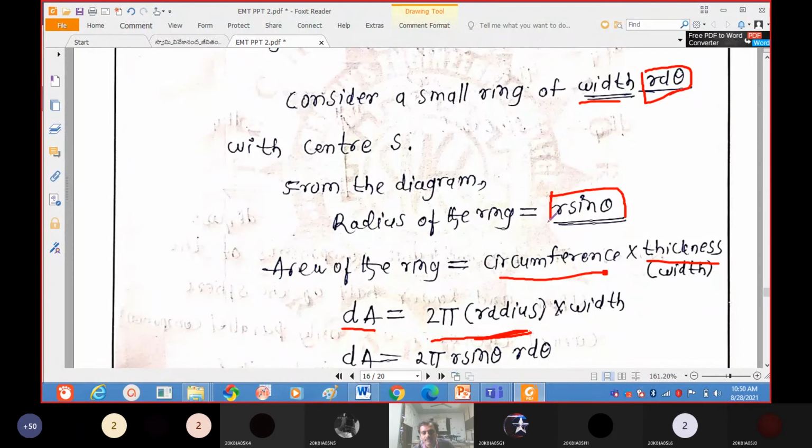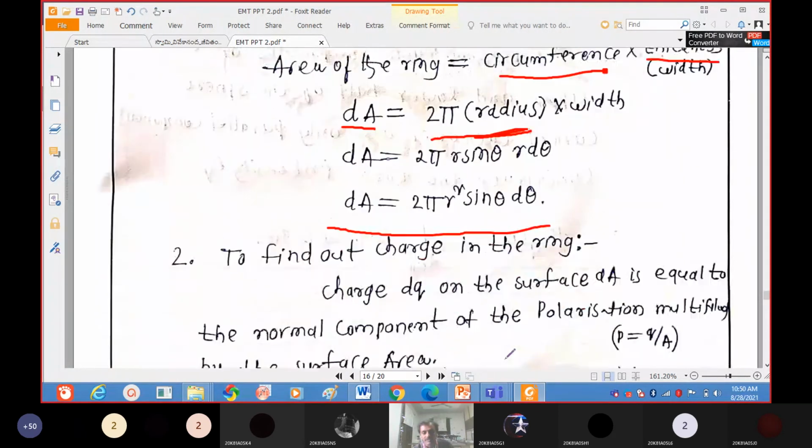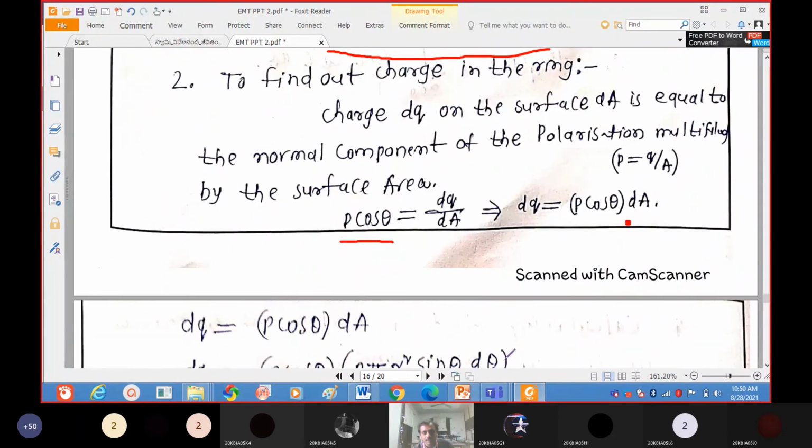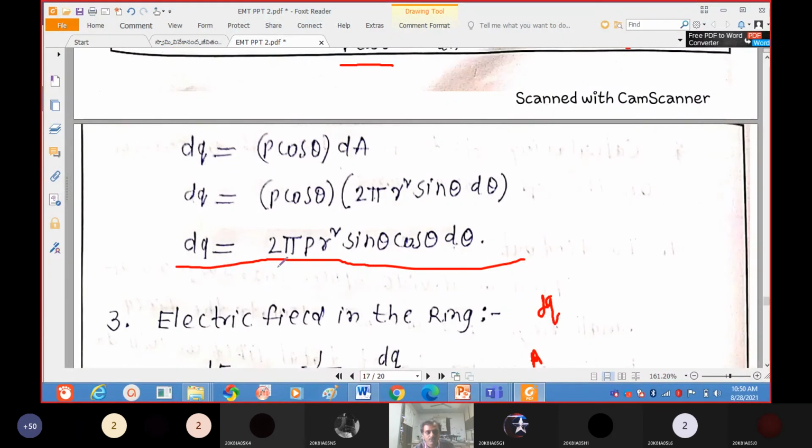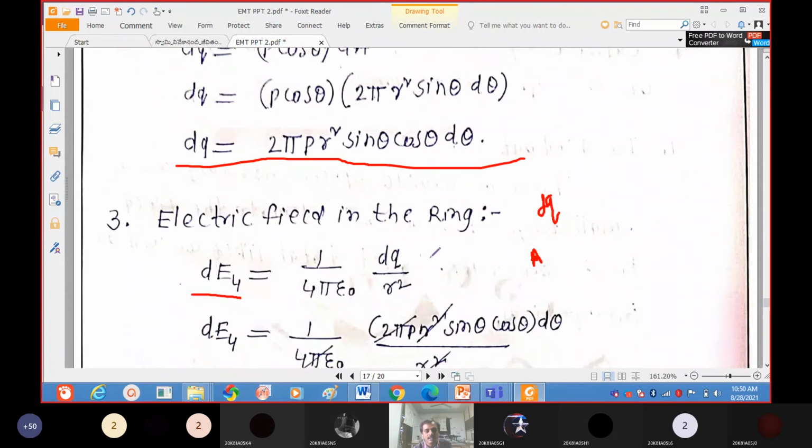Why is the radius required? Because the circumference of the ring is required, that's why 2 pi into radius, where radius is r sin theta. If you substitute that value, we can get the dA value, and from that we can calculate the dq value. Already we know that P cos theta equals dq by dA. So dq is equal to P cos theta into dA. We substitute the dA value here and we get the dq value.